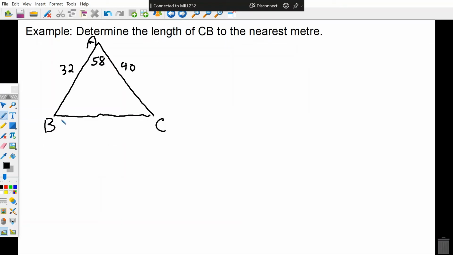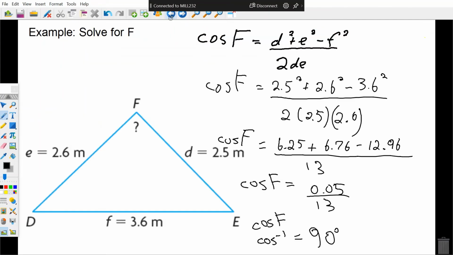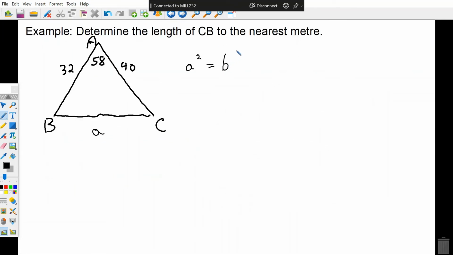So here, we're going to find the length of CB, which we'll call side length A, to the nearest meter, okay? I will write down the formula for you, and then I'll get you to attempt it on your own. So this will be A squared equals B squared plus C squared minus 2BC cos of A.